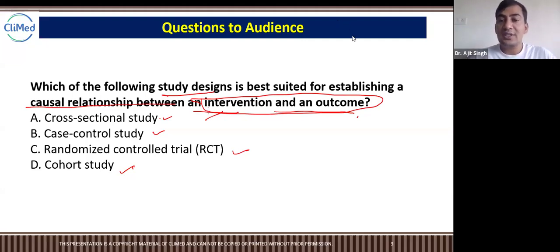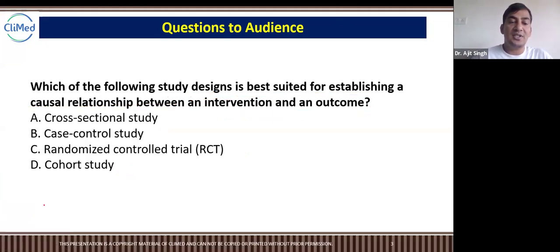Yes, because if you look at the answers, guys, and go back to what we learned in the last classes or in the clinical research subject, only one word will differentiate the intervention, right? The intervention is only in the RCTs.